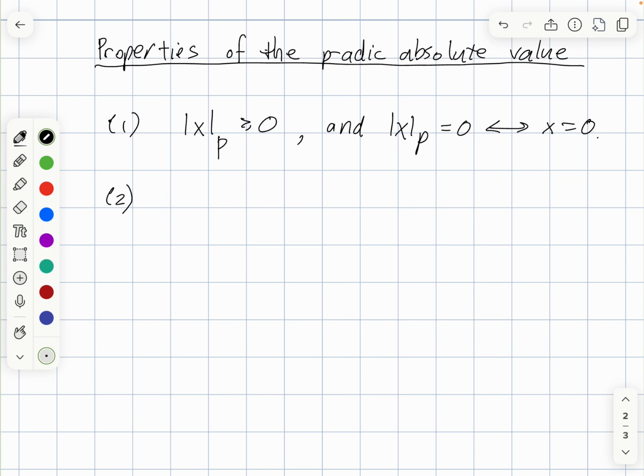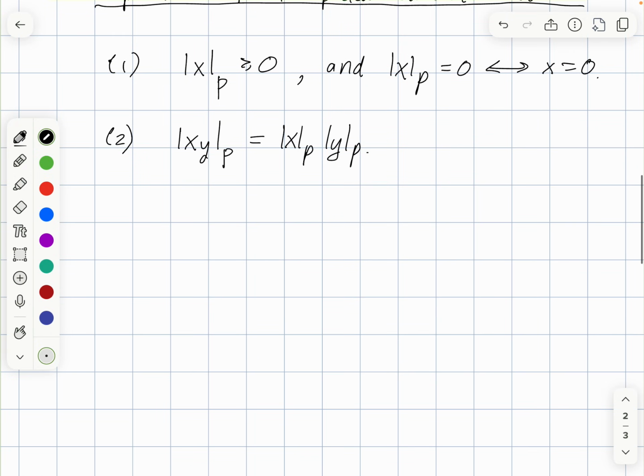The second one is that for any two rational numbers x and y, the p-adic absolute value of the product is the product of the p-adic absolute values, just like the absolute value of a real number. The proof of this is straightforward.